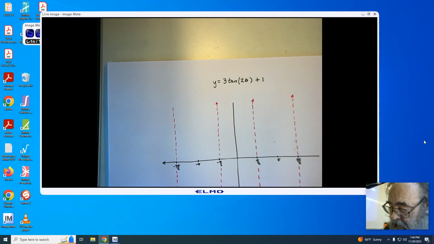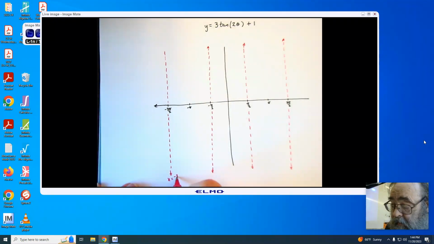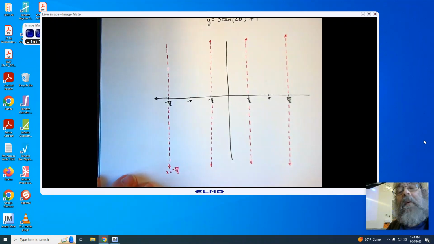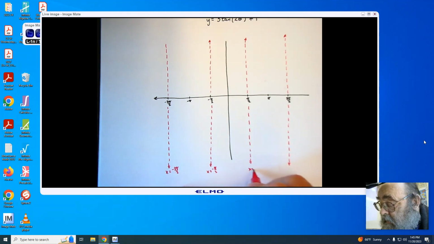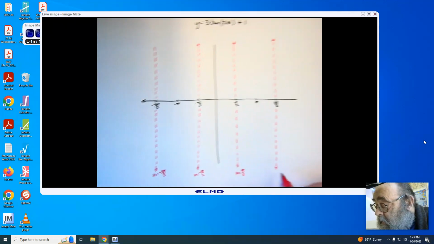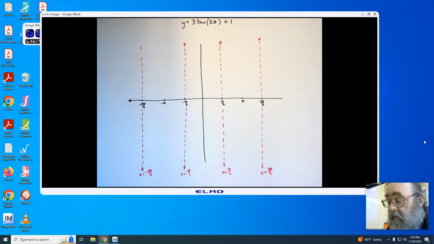And you'll notice that we now have the asymptotes that we can identify. x equals negative 3 pi over 2, x equals negative pi over 2, x equals pi over 2, and x equals 3 pi over 2. So you'll notice I started with the asymptotes.